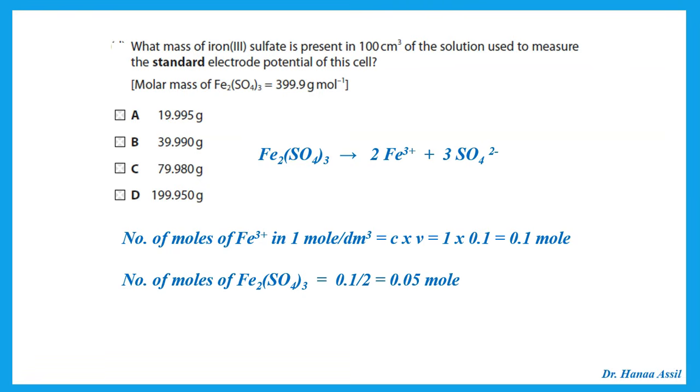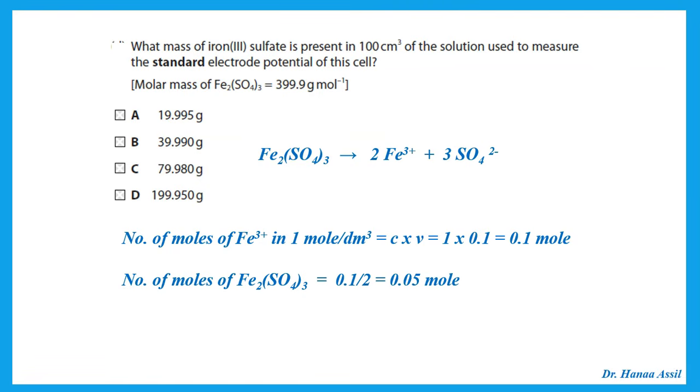So the number of moles of the iron 3 plus in solution should be 0.1 mole. And the question is, how much iron 3 sulfate should I put? Well, if I want 0.1 mole of the iron 3 plus in the solution, then I need half of that number of moles of the iron 3 sulfate, because 1 mole of iron 3 sulfate gives twice the number of moles of iron 3 plus.